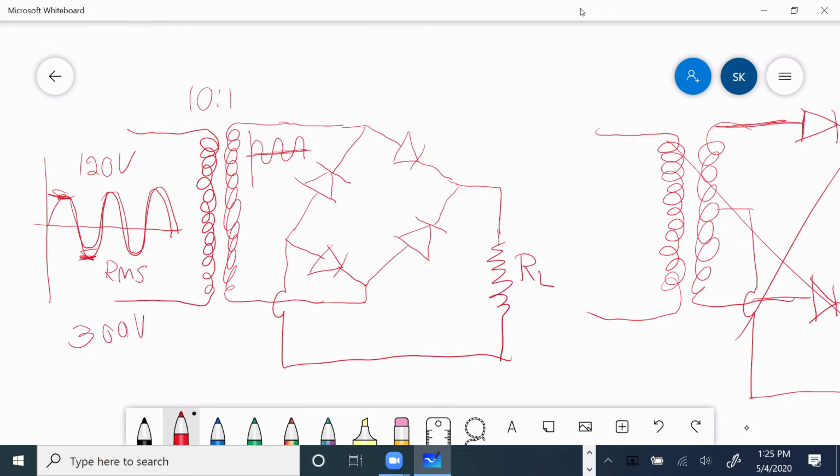Actually, 120 times root 2. Root 2 is 1.4, right?